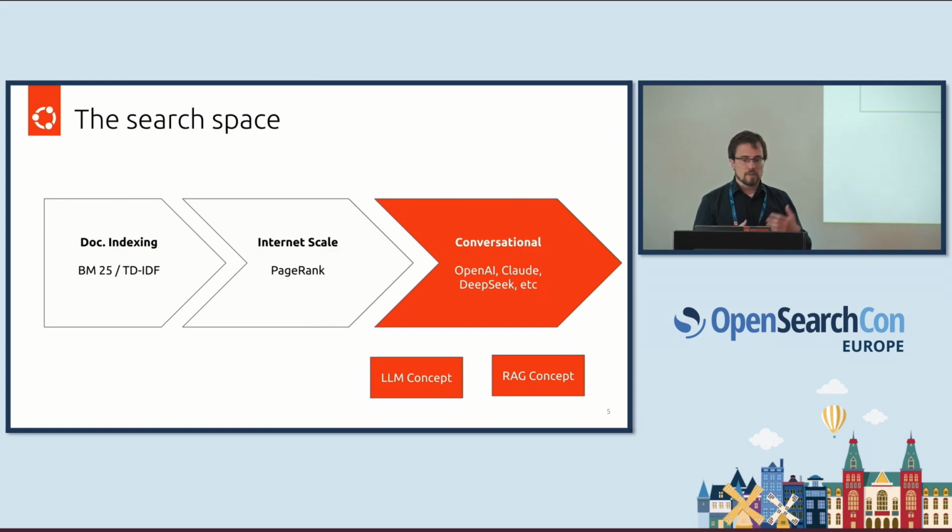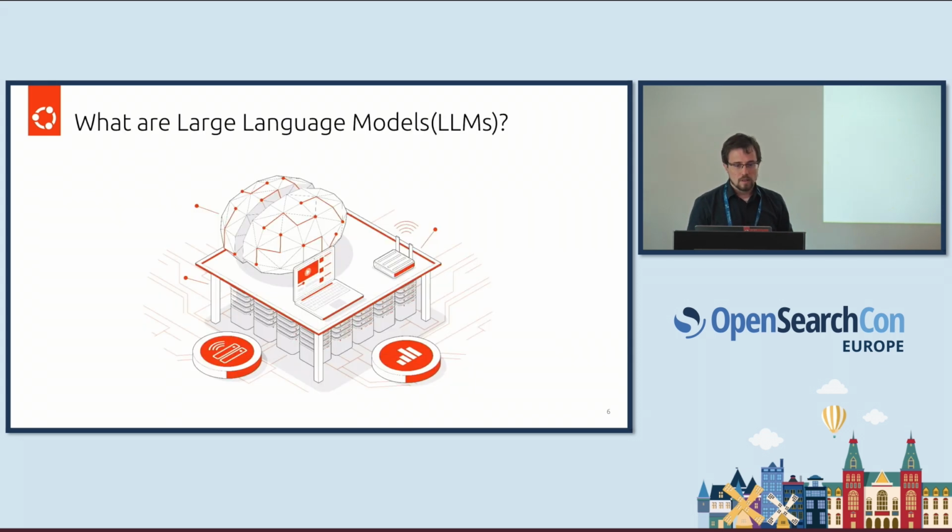And now we are entering this third phase, which is the conversational. So we have OpenAI, Claude, DeepSeek, etc., that are able to actually answer our queries with a summary of an answer. And behind the scenes are the large language models. Roughly, we could say they are like a very big extension of NLPs, right? Natural language processing, where you are essentially guessing the next word.